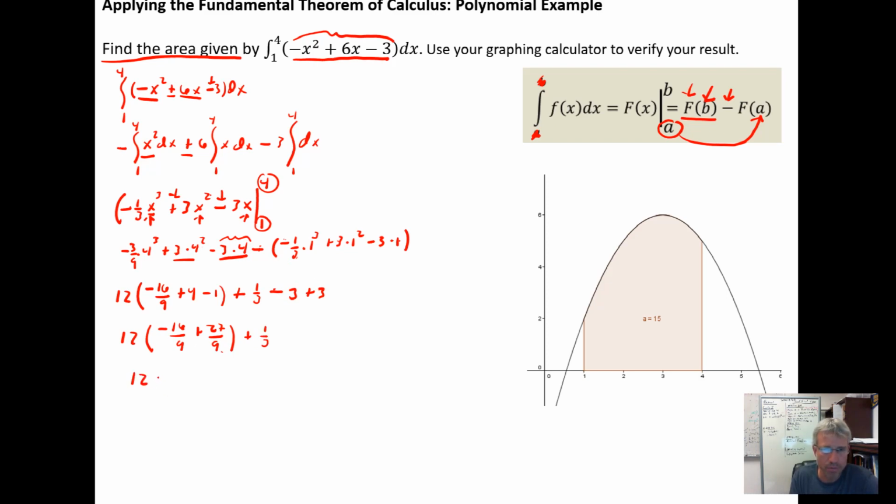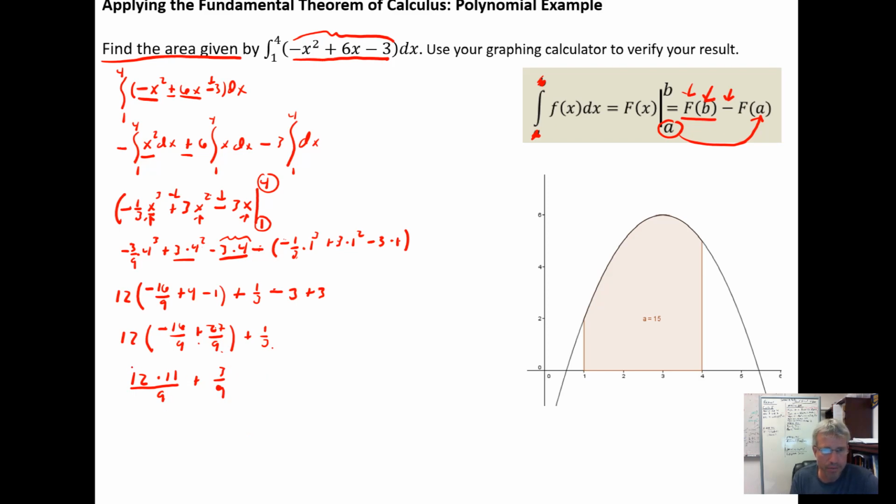So I have 12 times negative 16 plus 27 is 11, and this is over a 9, plus a 1/3. But 1/3 is the same as 3/9, so I want to write it with that common denominator.